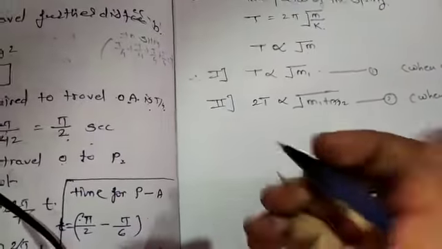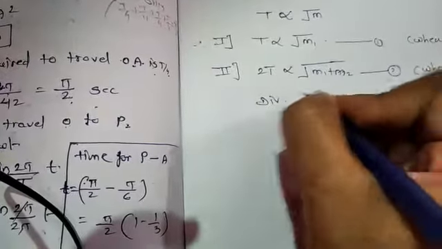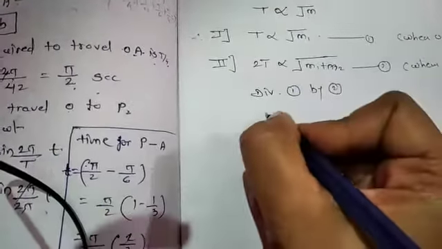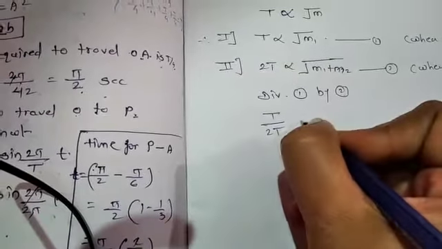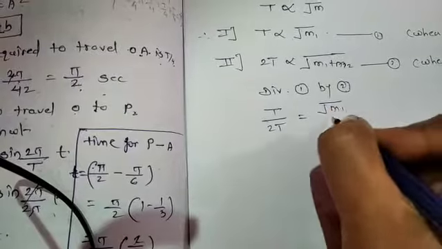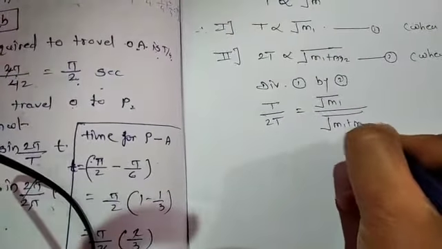So here, further divide 1 by 2. So you can write T upon 2T is equal to root of m1 by m1 plus m2.